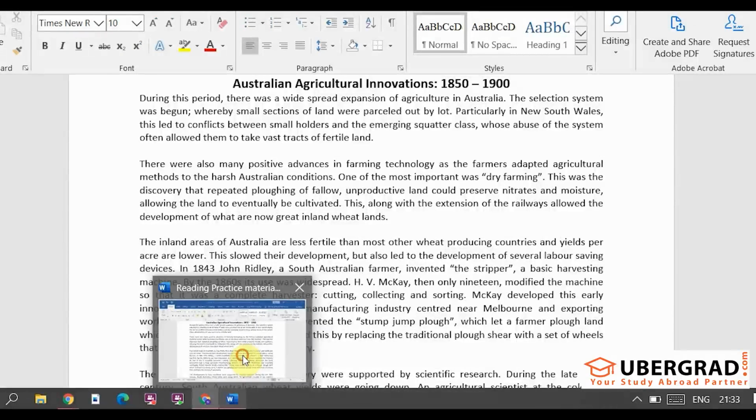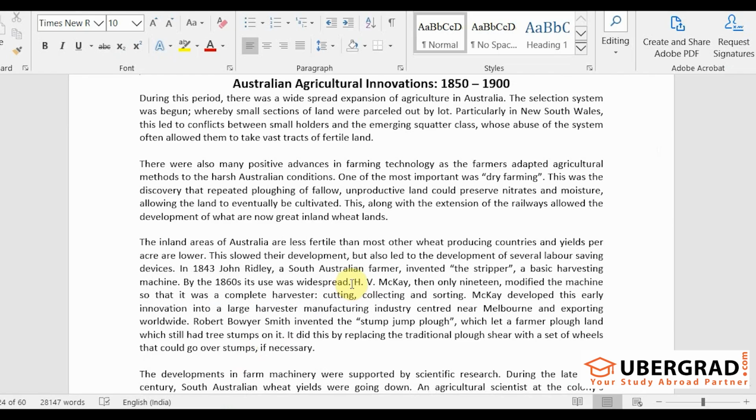All of you got it. Where is H.V. Mackay? Here it is. And what is written? Modified the machine so that it was a complete harvester and it could cut, collect and sort. Right?